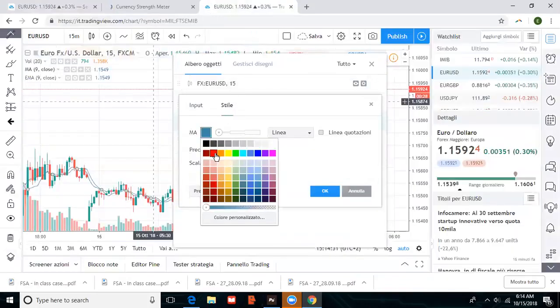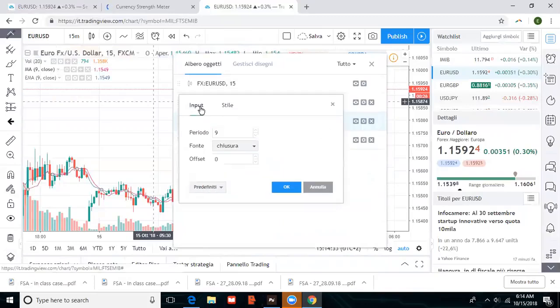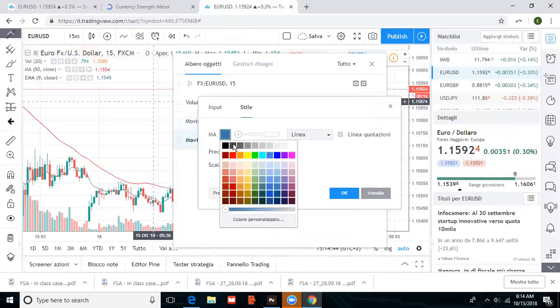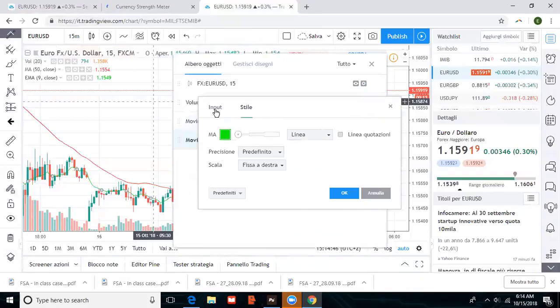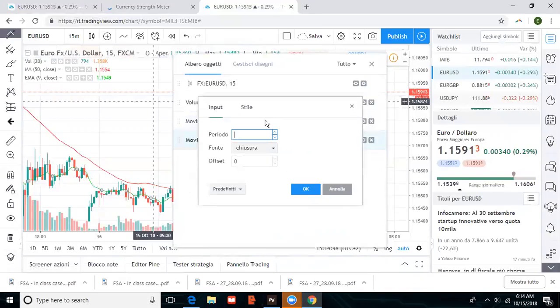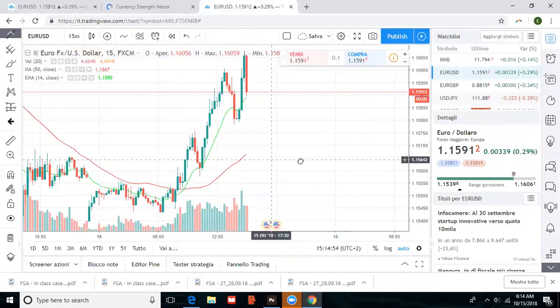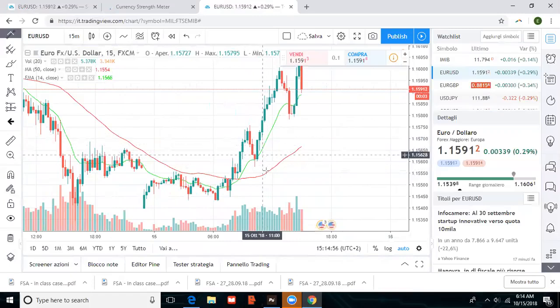So for the color, you put red, and for the period, you put 50. For the exponential, the color, let's put green, and for the period, you put 14. There you go. Close, and now you see you have your two moving averages.